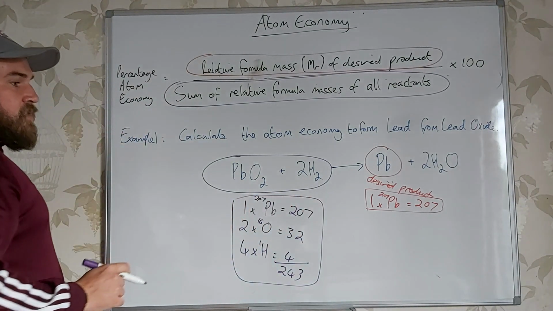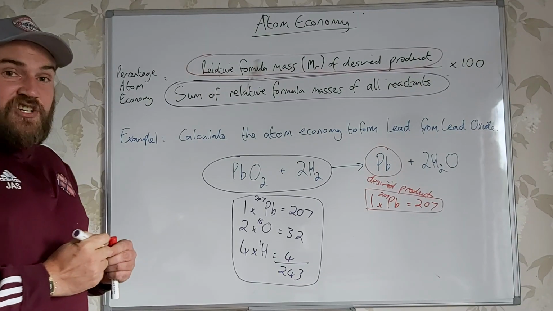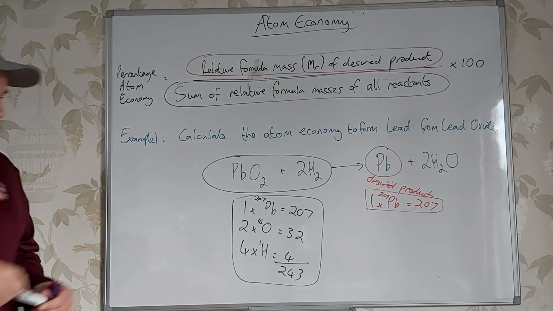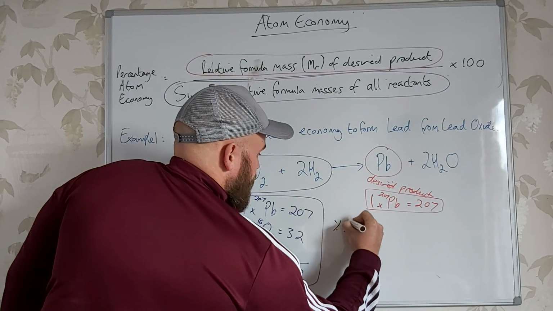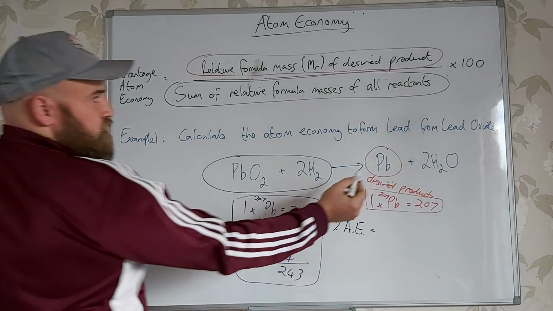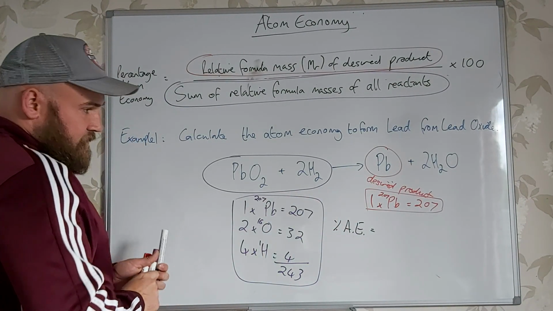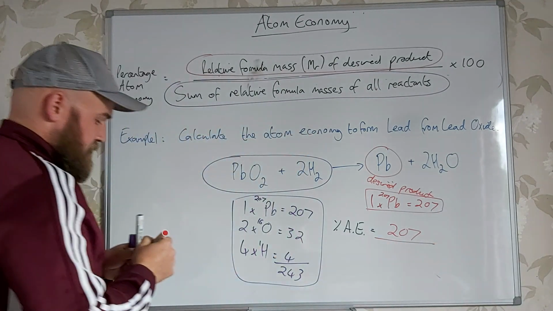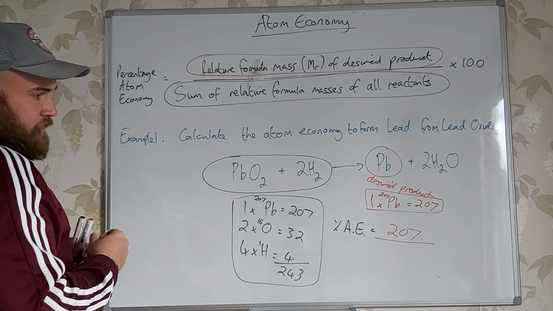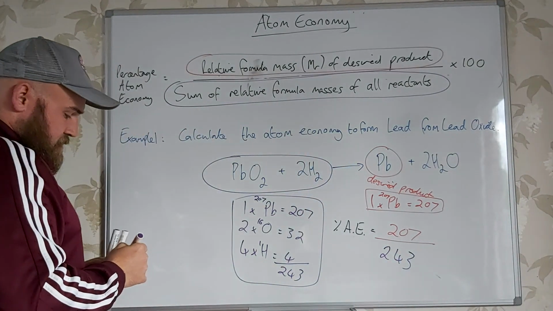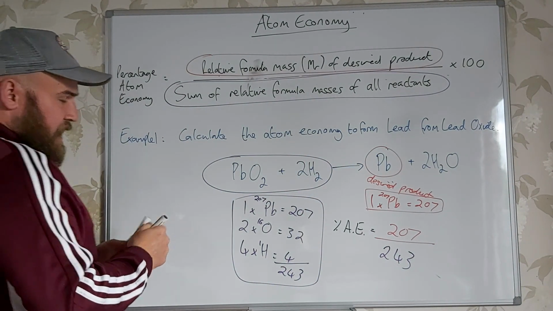So now I've got my two numbers. I can go ahead and calculate the percentage atom economy. So percentage AE, or atom economy, is the red number, which is 207, divided by the purple number, which is 243, and then times by 100.